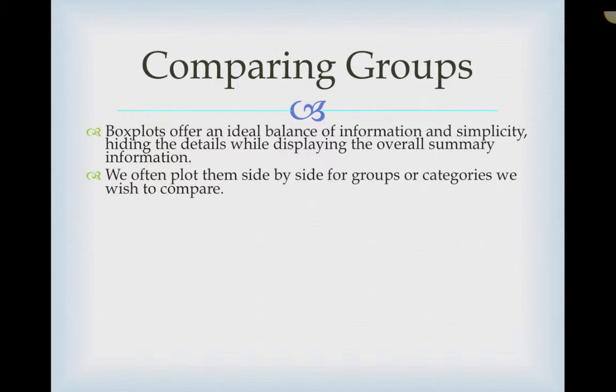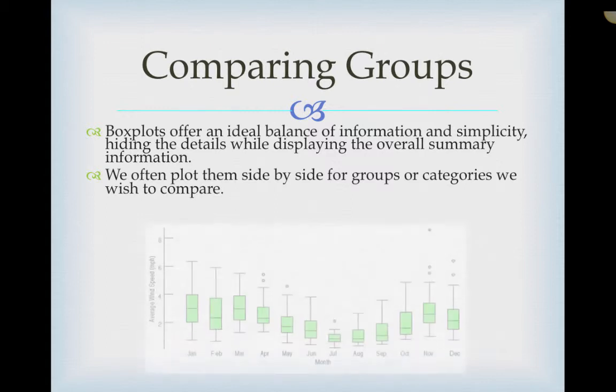We can still compare groups using histograms, but we want to make sure that they have the same scale and that the bin width is going to be consistent, so that we are looking at the data displayed in the same way. But again, box plots are often easier to compare groups.